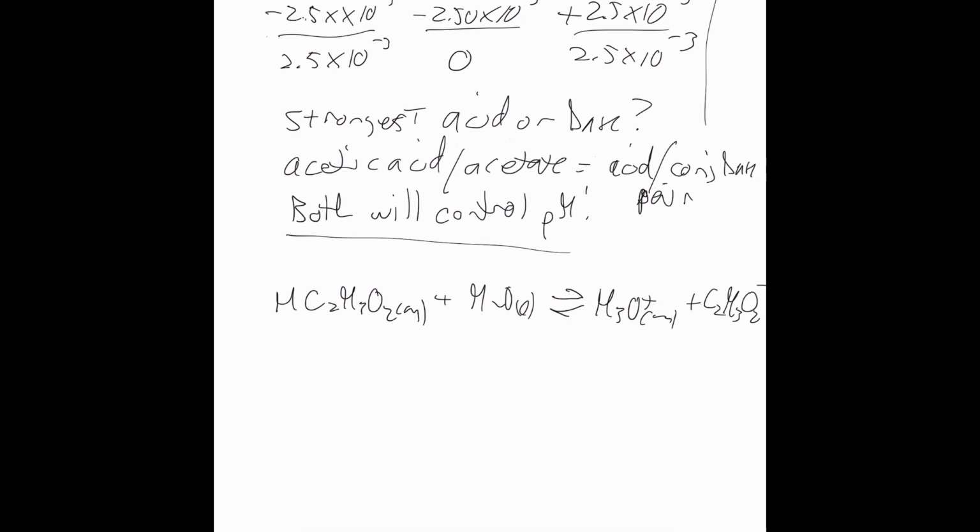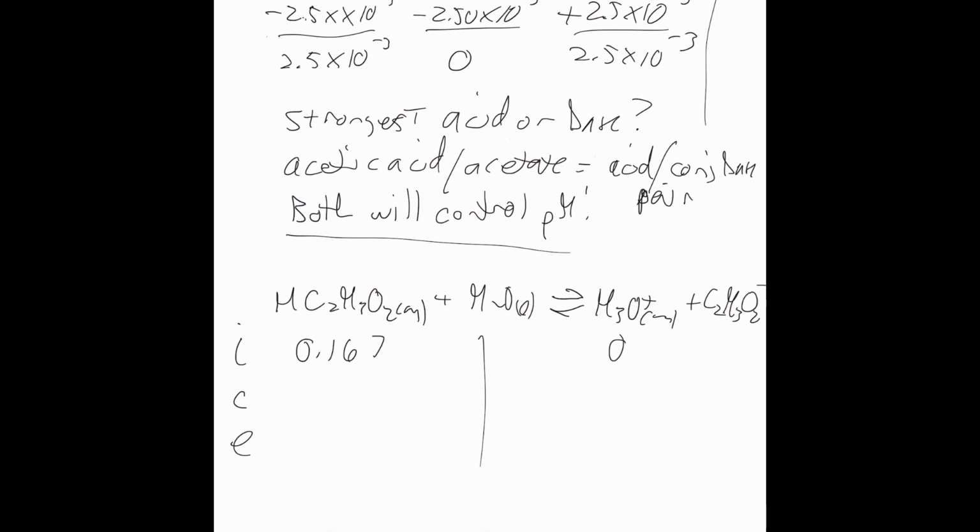Now, if we were to set up our ICE table in this case, our initial concentration of H3O plus is 0. Our initial concentration of acetic acid is the 2.5 times 10 to the minus 3 divided by, what do we have, 15 milliliters. So if I'm not mistaken, that's 0.167.